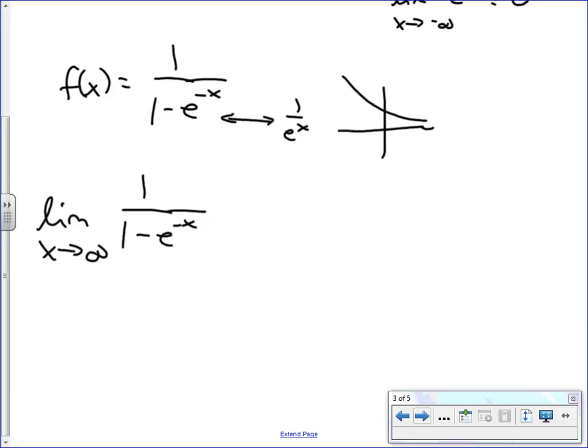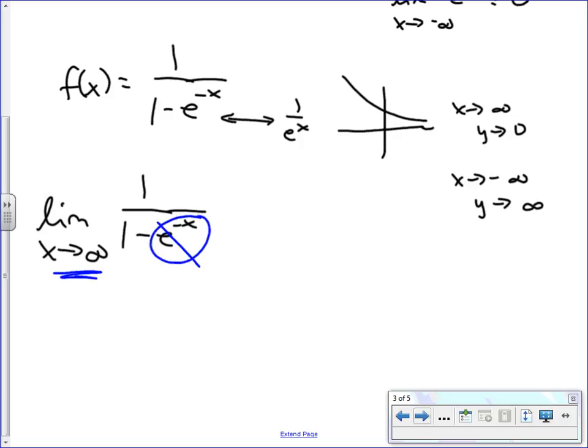So as x approaches infinity, y approaches 0. And as x approaches negative infinity, y approaches positive infinity. So this little piece right here, as x approaches infinity, this piece approaches 0. We get number 1, which is 1.